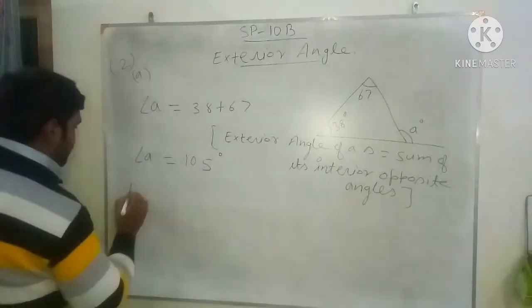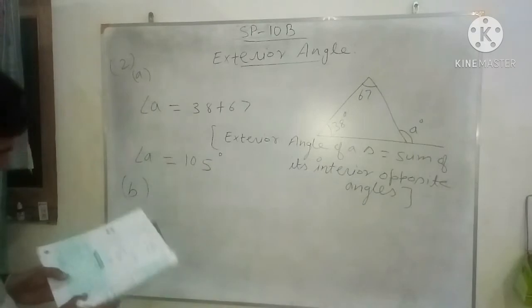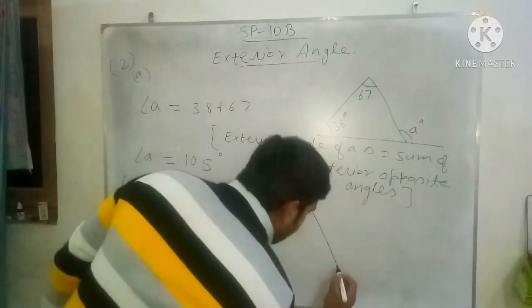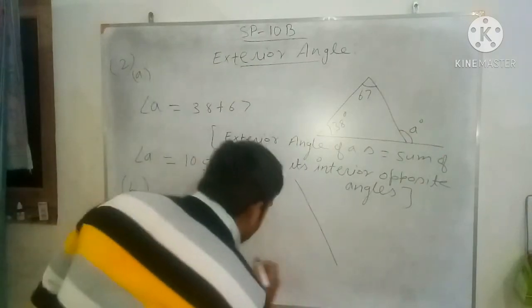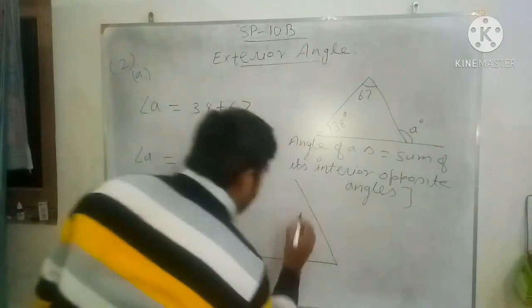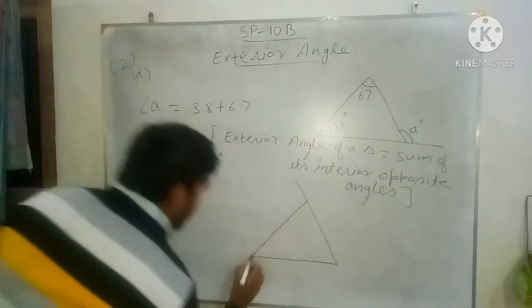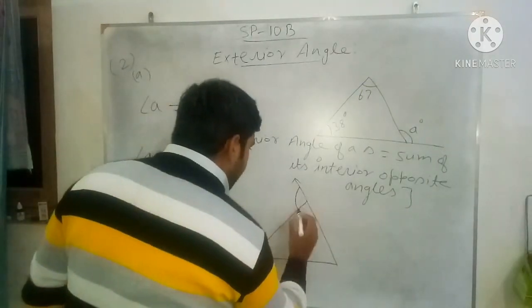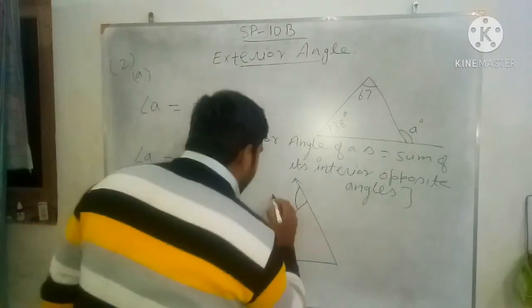See how? In the question number B, there is a triangle, and the exterior angle is given, this is the exterior angle 119 degree.